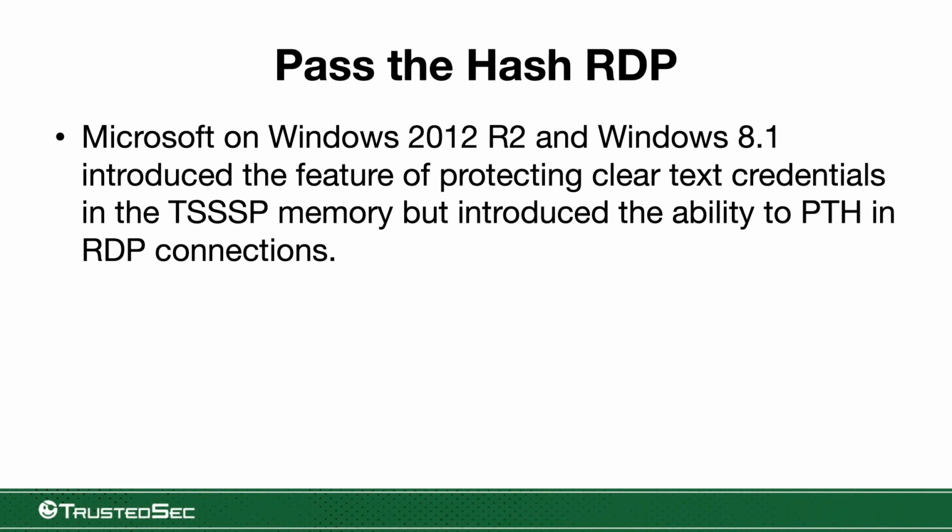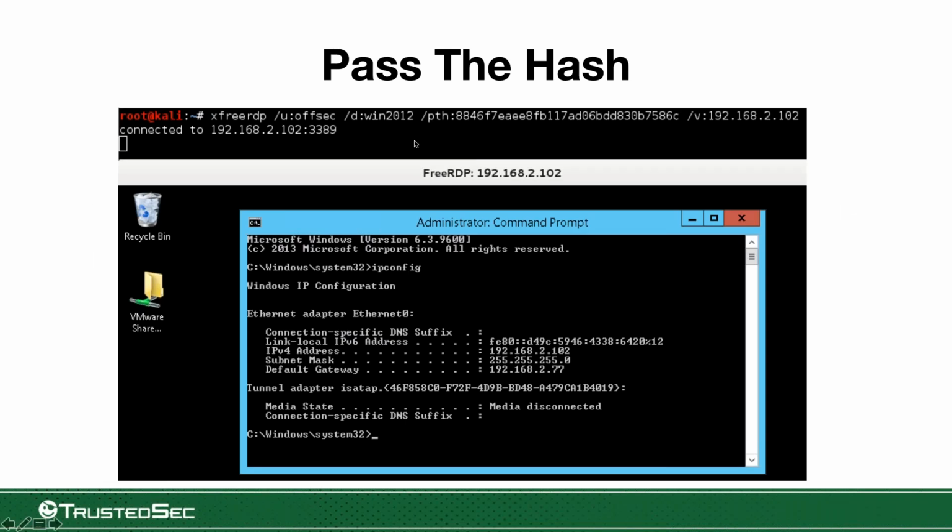On the current user PSExec, that means that the user must have access also to that other box to run. So if you use the restricted admin mode for RDP, and that was added in Windows 2012 R2, we're able to now pass the hash against the modern versions of Windows.